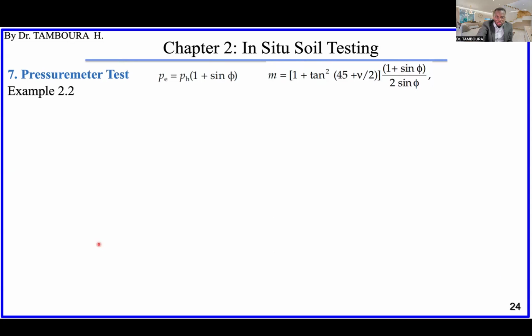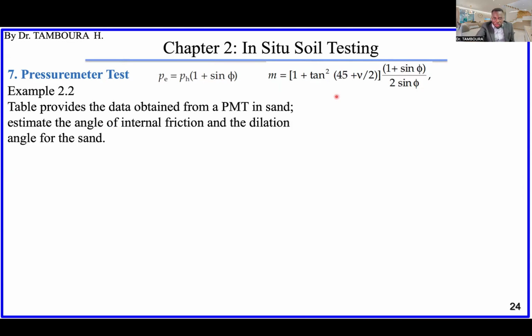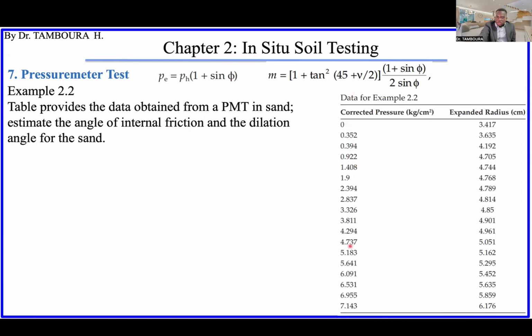Another example, we are going now to use this tool. This one is now using pressure versus the radius of the probe, increment in the radius, not the volume anymore. So this table we have here, we have collected pressure and expanded radius like this.